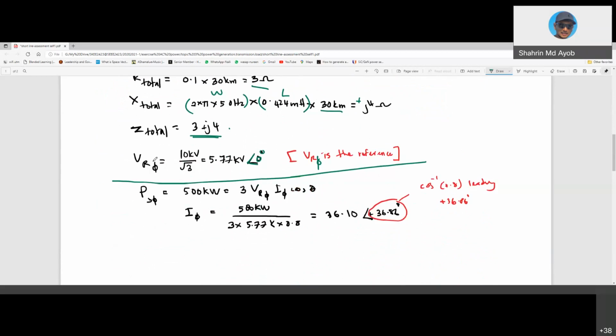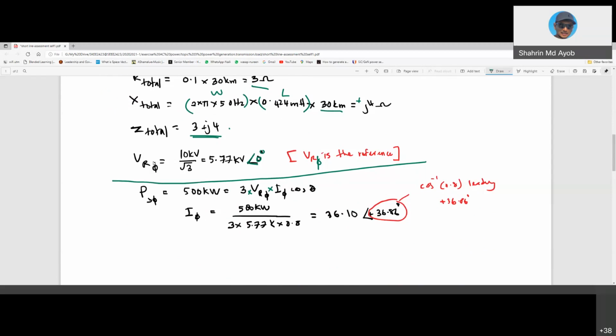We use the information given by the question: the three-phase power is 500 kilowatts, and the equation for a three-phase system is 3 multiplied by VR phase multiplied by I phase, where I phase is a single phase, times cos theta.